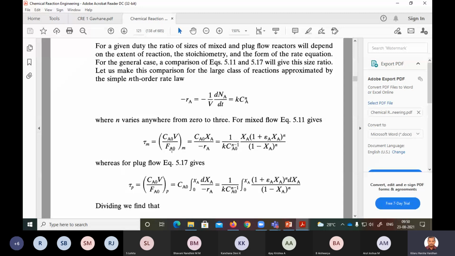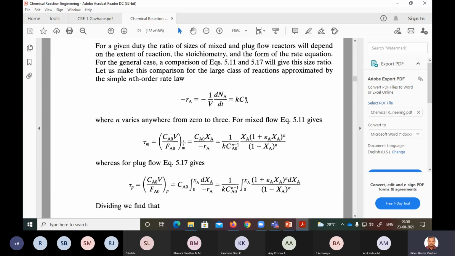Volumetric flow rate is nothing but Fa naught by Ca naught. If you rearrange that, then tau m is Ca naught Vm by Fa naught, where m is a mixed reactor. That is equal to Ca naught Xa by minus Ra, because tau by Ca naught is Xa by minus Ra, the performance equation for a mixed reactor.